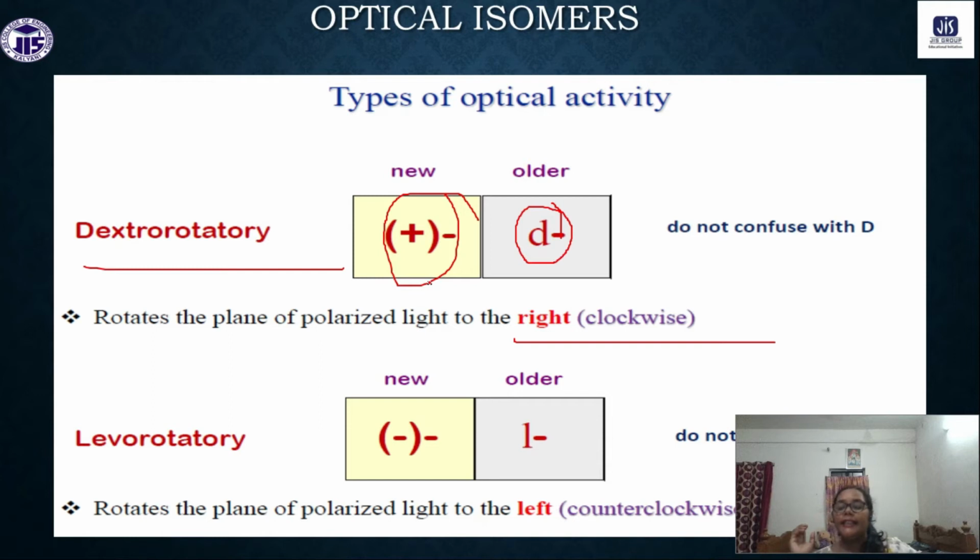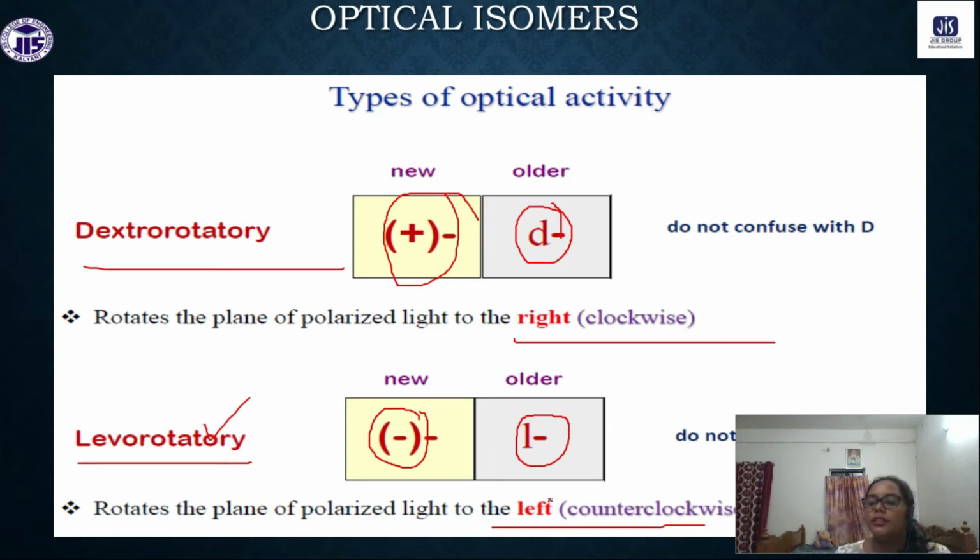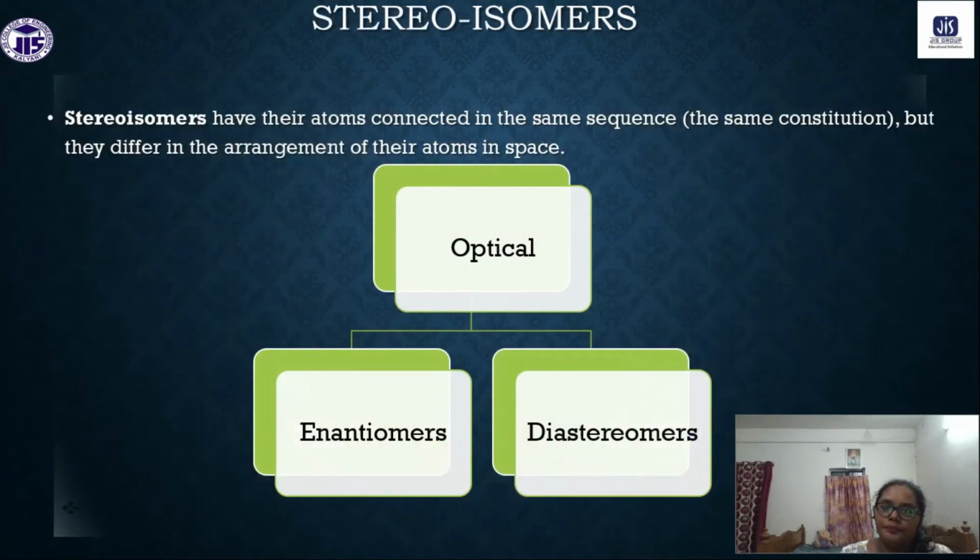Positive means the molecule rotates the plane polarized light in the clockwise direction. Levorotatory was previously indicated by L and nowadays by the negative sign, because it rotates the plane polarized light anti-clockwise.